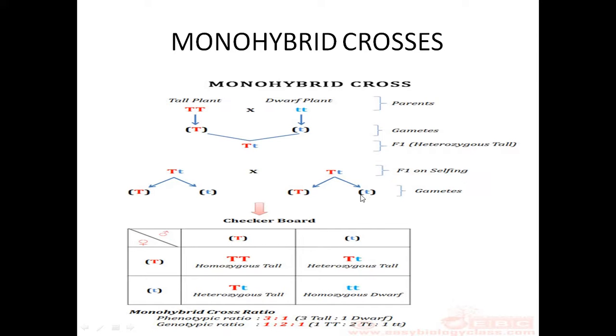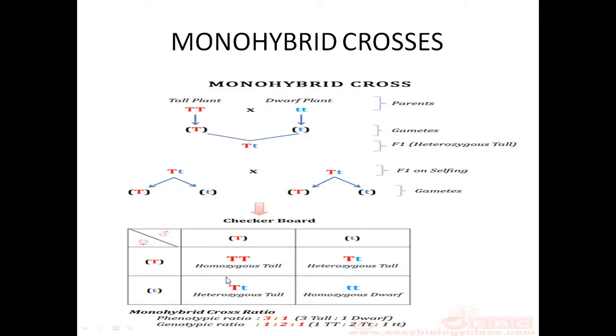F1 on selfing will produce gametes: capital T small t will produce capital T and small t. They are separating here, separation of gametes. When we self cross these F1 plants, we will get these plants.